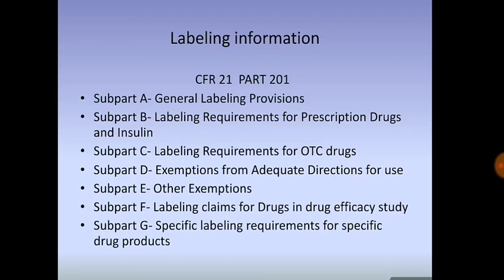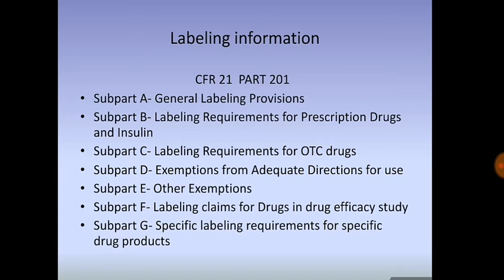Labeling information. CFR 21 Part 201. Subpart A General Labeling Provisions. Subpart B Labeling Requirements for Prescription Drugs and Insulin. Subpart C Labeling Requirements for OTC drugs.